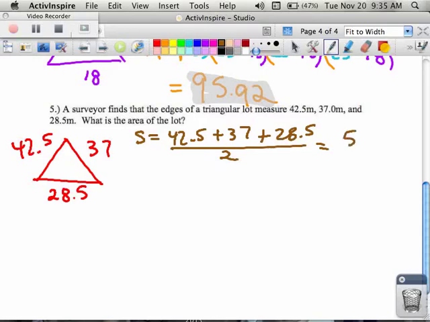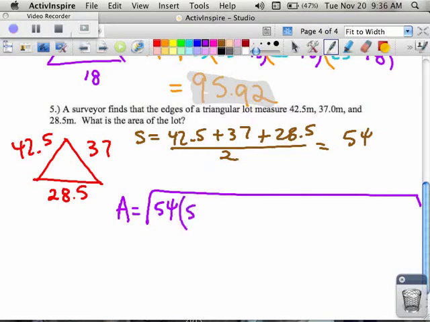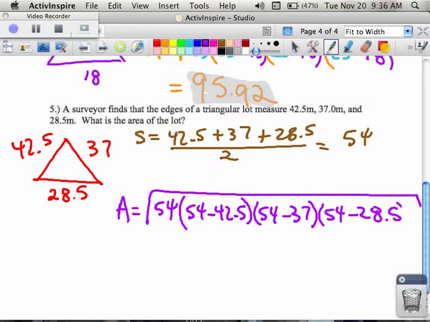And then, from the formula, to find the area of this triangle, you type in the semi-perimeter, 54, you can do this all in your calculator, and then 54 minus 42.5, and then 54 minus 37, and then 54 minus 28.5, and then take the square root of all that stuff, and I get 518.85 meters squared.